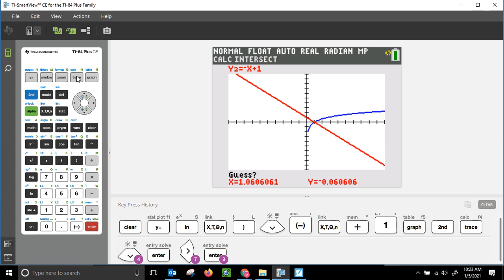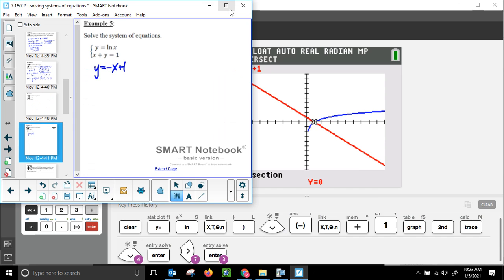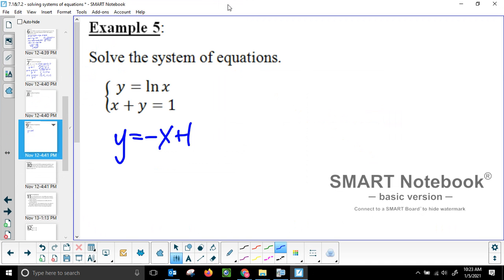Guess, you just hit enter again. All right, and our intersection is at 1, 0. So we know that this thing will intersect at 1, 0. We're good to go. So calculator can make these very easy.